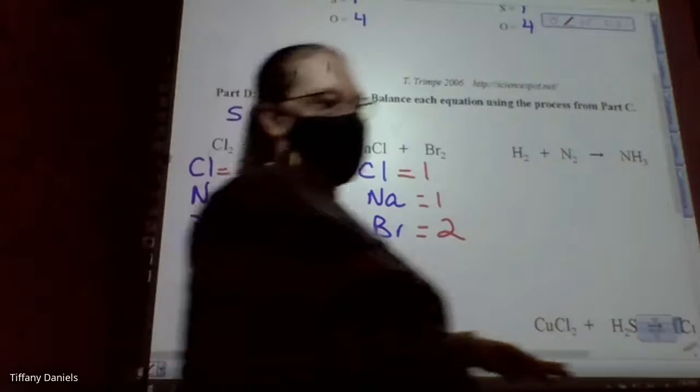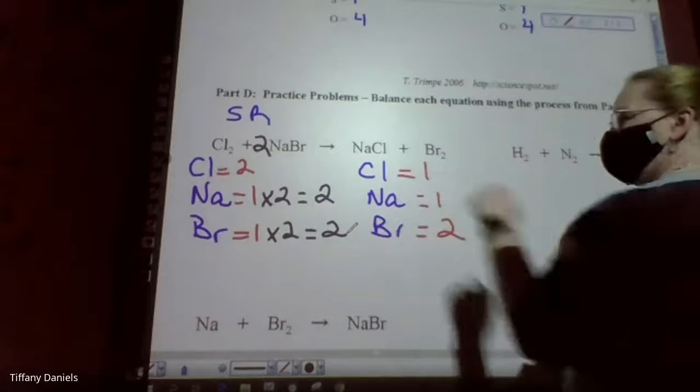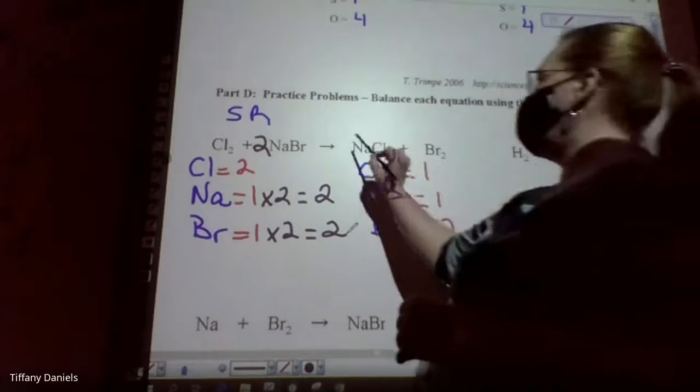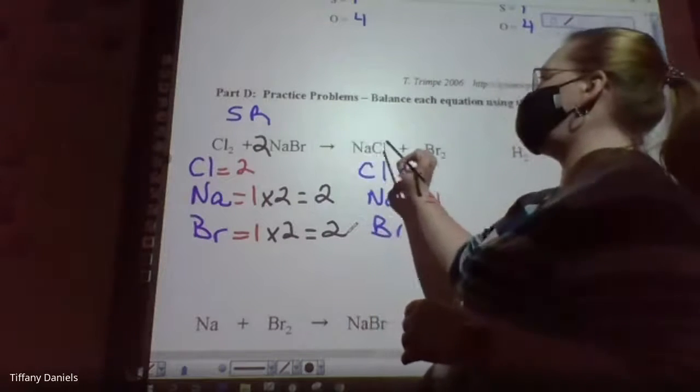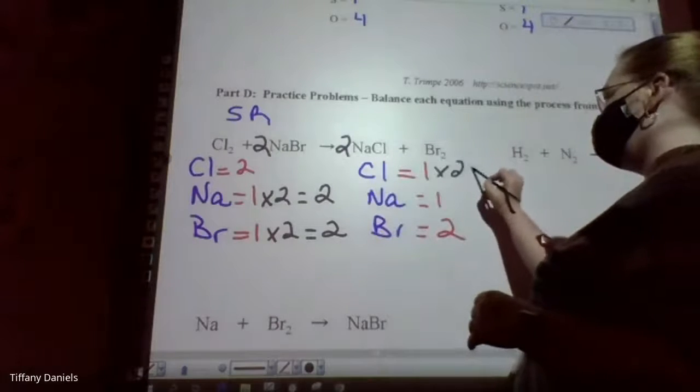So now I've got to figure out how can I turn 1 sodium into 2? How do you double something? Multiply by 2. So I put a 2 here because the sodium is married to the chlorine. That doubles both of them.